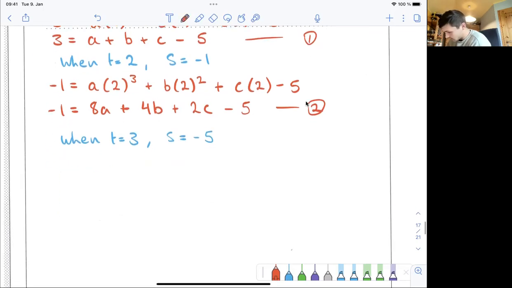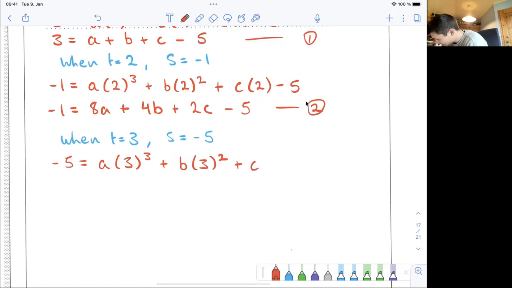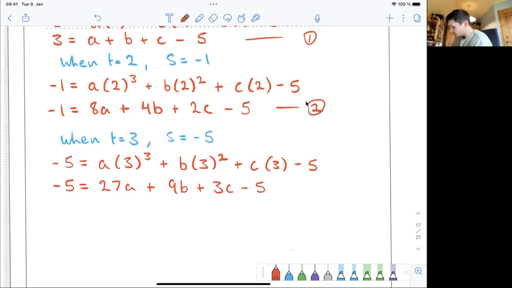So we'll go -5 is equal to a multiplied by 3 cubed plus b multiplied by 3 squared plus c multiplied by 3 minus 5. Now if we clean this up, 3 cubed is 27, so we'll get 27a. 3 squared is 9, so we get 9b. Then plus 3c minus 5. And that is our third.